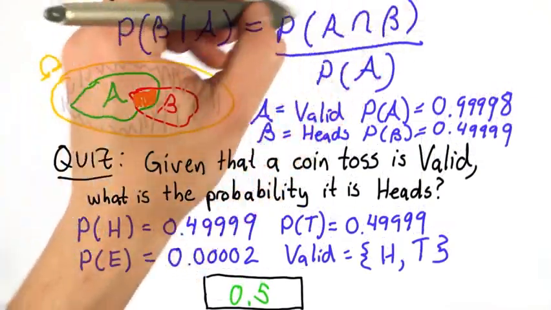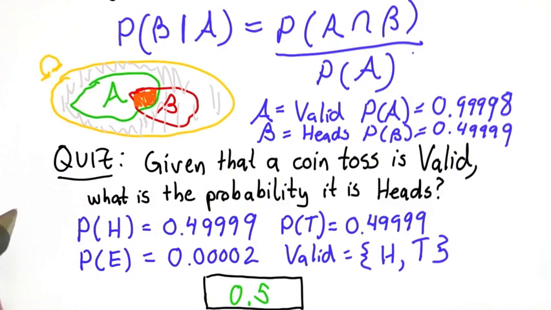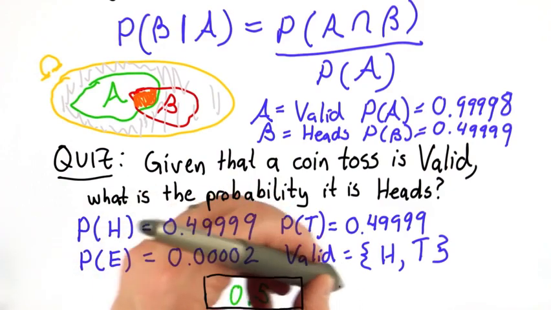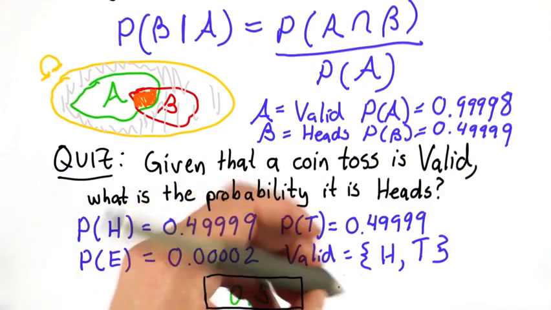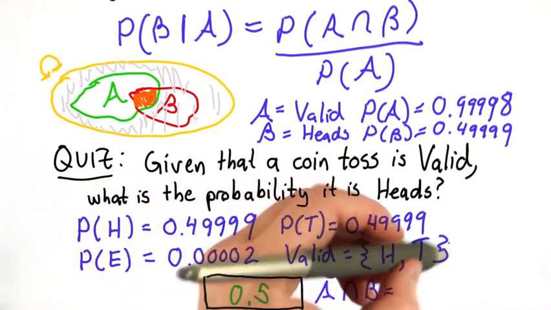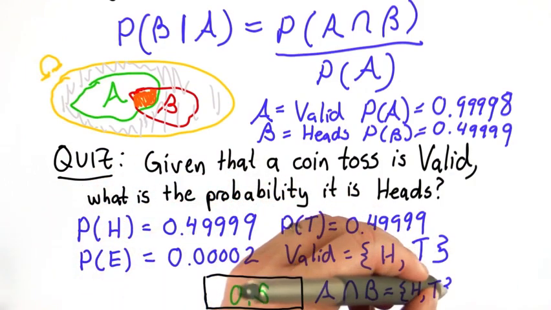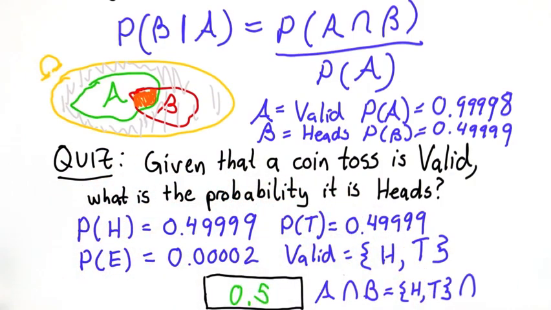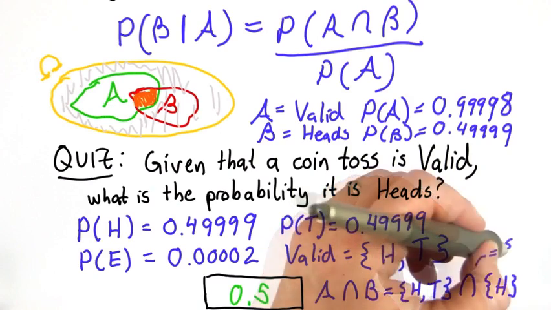But what we need to use the formula is the probability of A intersect B. A is valid, the set of heads and tails. B is heads. So if we intersect heads and tails with heads, we get heads.